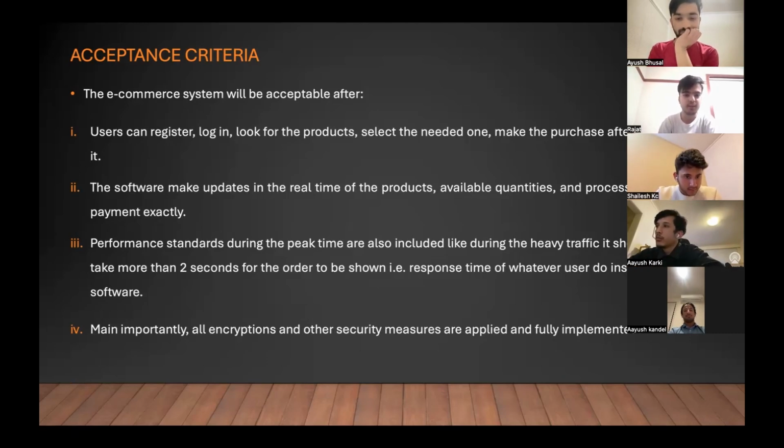The software makes updates in real time of the available product quantities and processes the payment exactly. Performance standards during peak time are also included, like during heavy traffic it shouldn't take more than 2 seconds for the order to be shown. That is the response time for whatever the user does inside the software. Most importantly, all encryption and other security measures are applied and fully implemented.